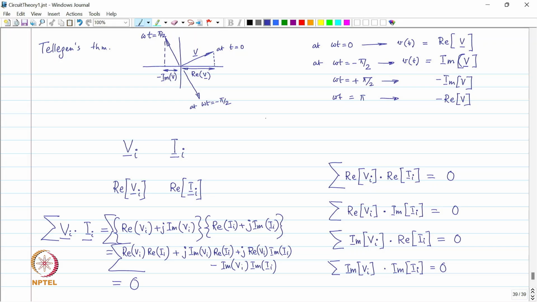Okay. What about this one? What is that star for? Conjugate, complex conjugate. Also is going to be 0.